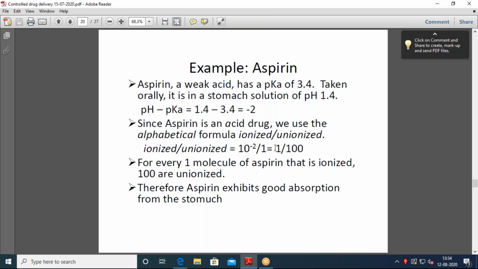You can see here the real scenario: the ratio of ionized to unionized is 1:100. That is, there is only one ionized molecule compared to 100 unionized molecules of aspirin. Is it clear?